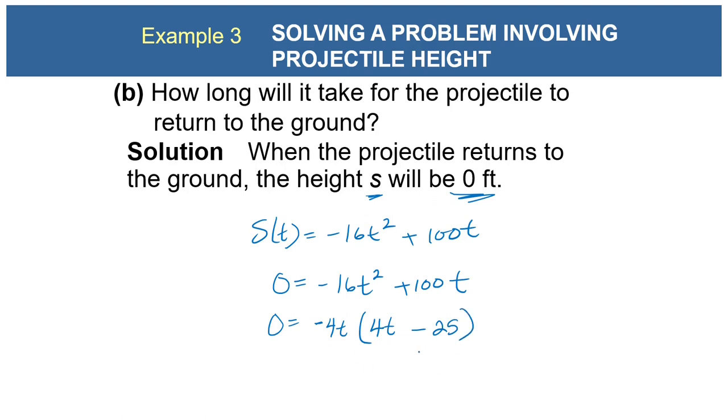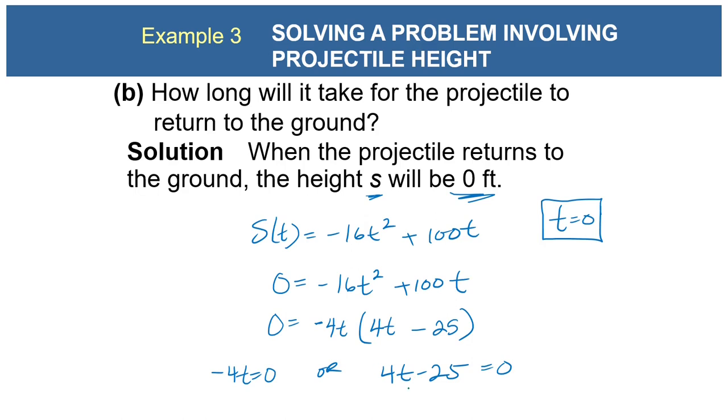And now we could set each of these factors equal to 0. Negative 4t equals 0, or 4t minus 25 equals 0. Solving the first equation, we have t could be equal to 0, which makes sense. We are starting from the ground, so the time is 0 when the object's on the ground.